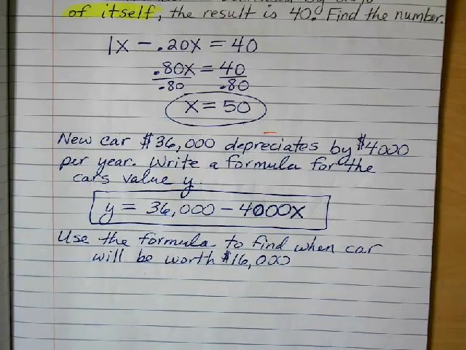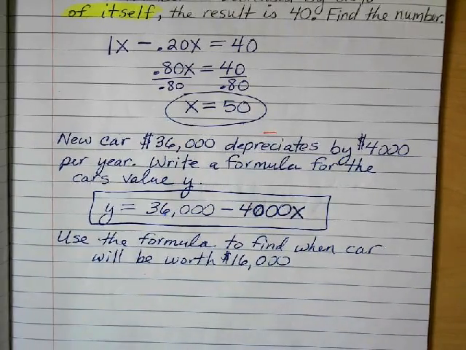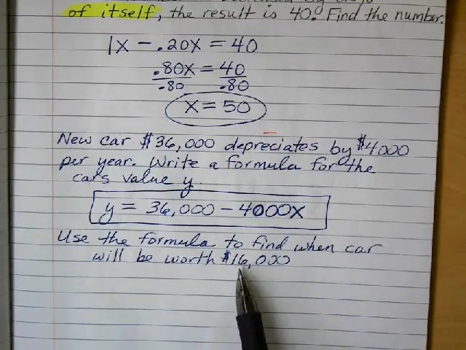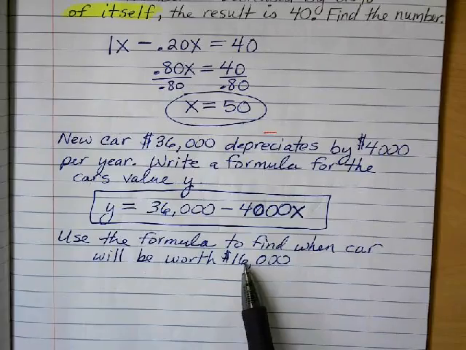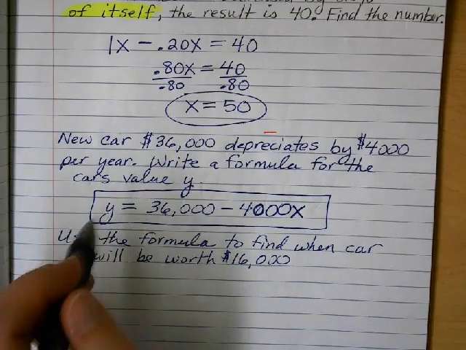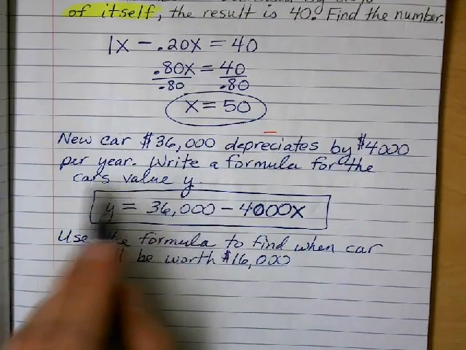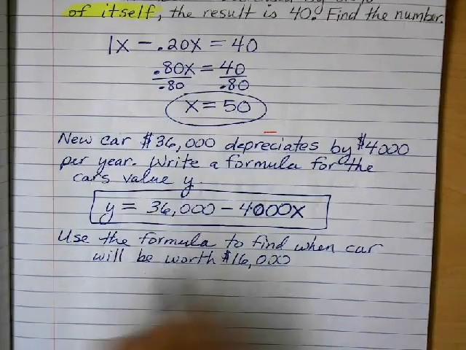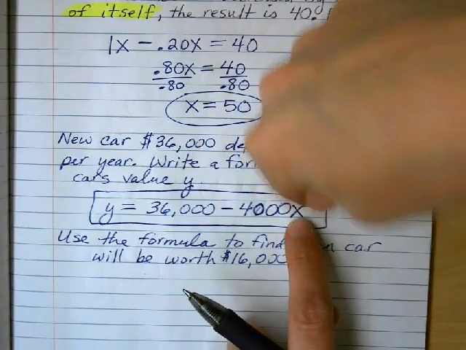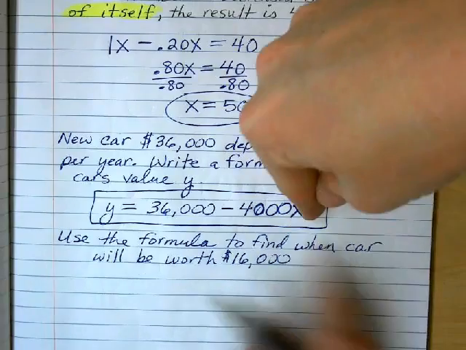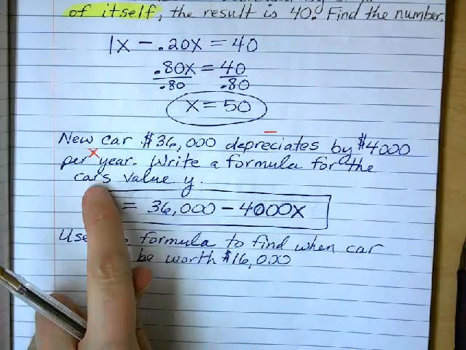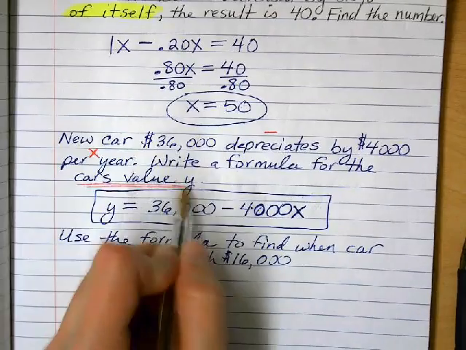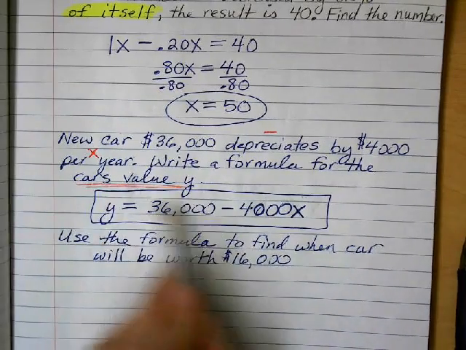So what do you think? Where should I put the 16,000? That's like the key. You put it where the y is, because that's the car's value, the y. The x is how many, like every year. The per year part is the x, and the car's value is the y. So now we want to know, when's the car's value going to be 16,000?